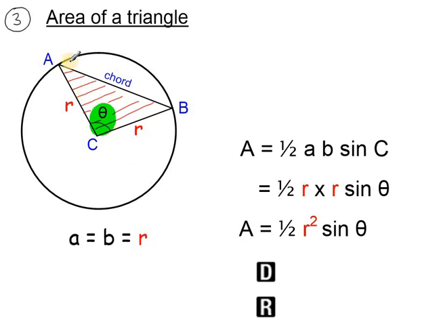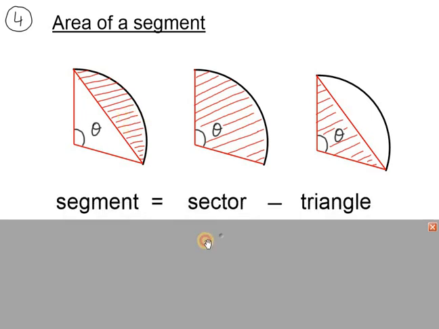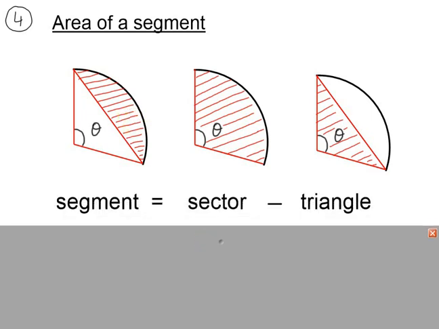In the next example, we look at the area of the segment, so the area of this region. So the shaded area here is the segment, this is the sector, and this is a triangle, and if we subtract the triangle from the sector, we're left with the segment, like this.